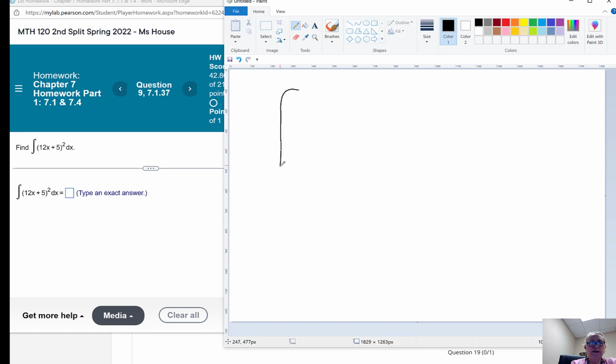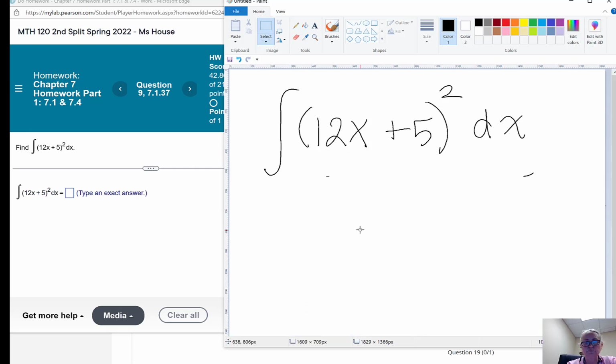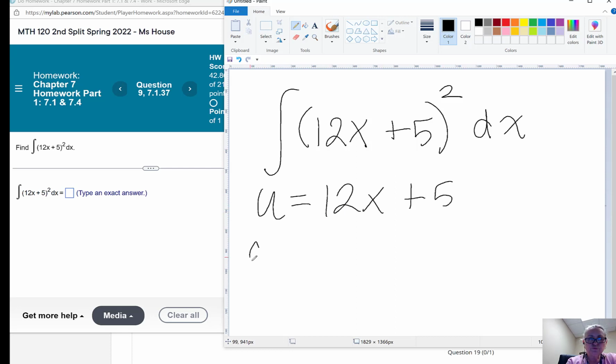Okay, here we have the integral of 12x plus 5 quantity squared dx. So I'm going to let u equal 12x plus 5, and the derivative of u with respect to x is actually 12.